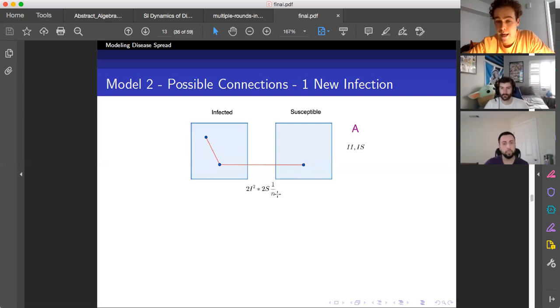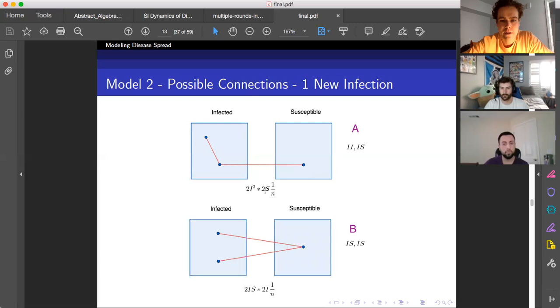And then the 1 over n, being the number of total nodes in the entire population, is the probability that this S connects to this particular I. So 1 over n, 1 being the only thing that it can connect to because it has to be this shared one. And the reason we're multiplying 2 by both of these is because essentially the edges can be chosen in 2 different ways.